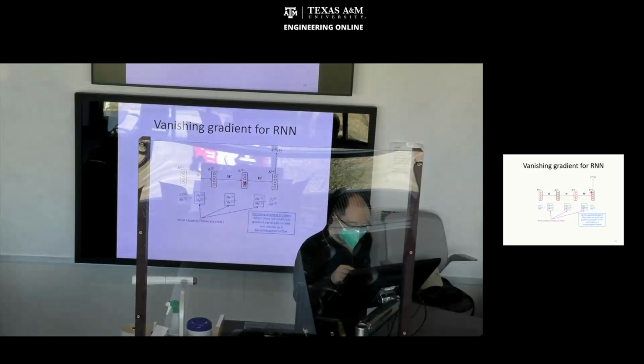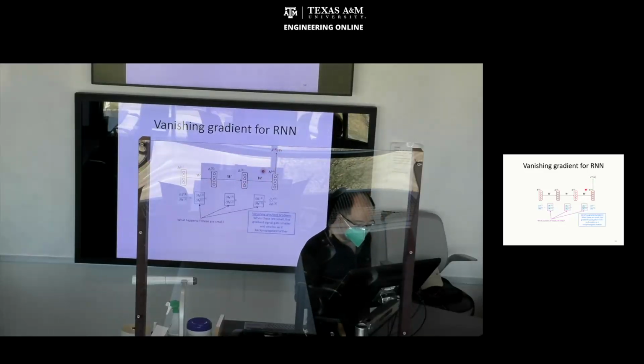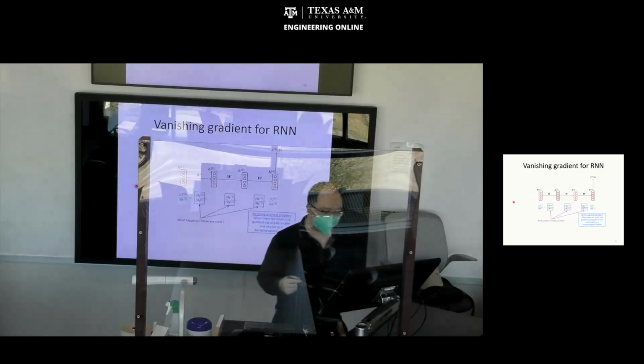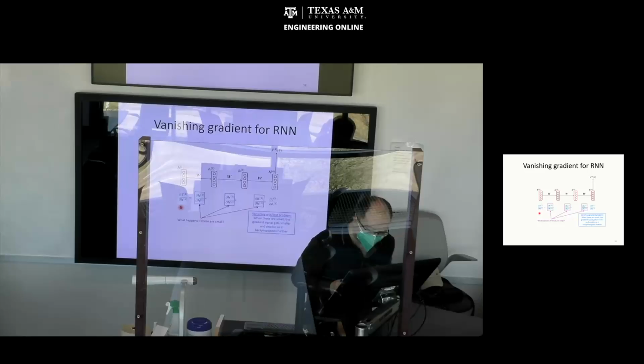So in this case, J4 is here, right? I can go backwards. I can calculate how J4 is changing with regard to h4, but then how h4 is changing with regard to h3, and so on, all the way back.